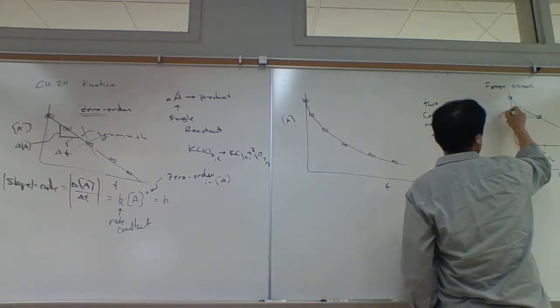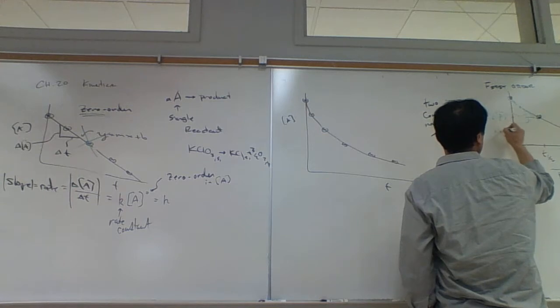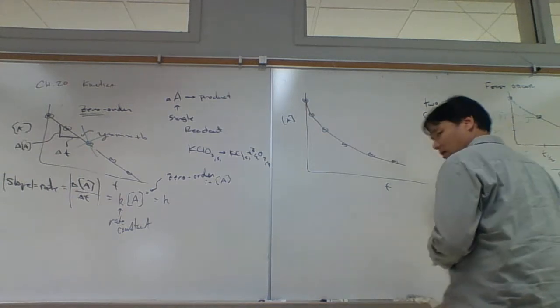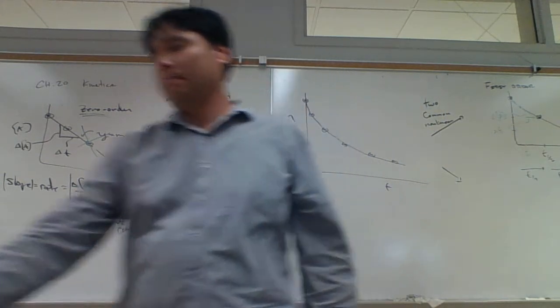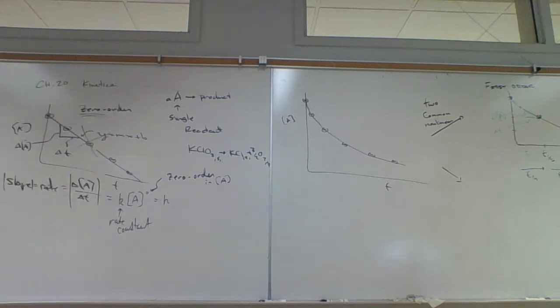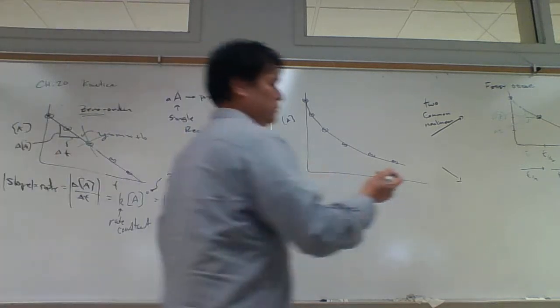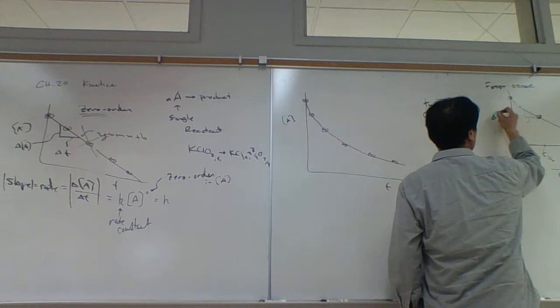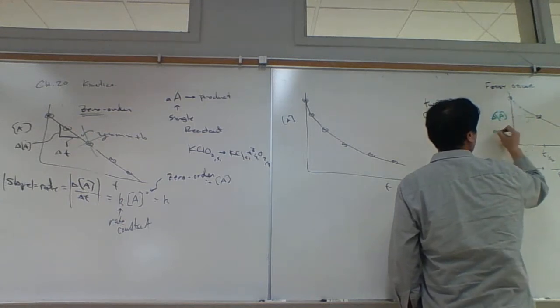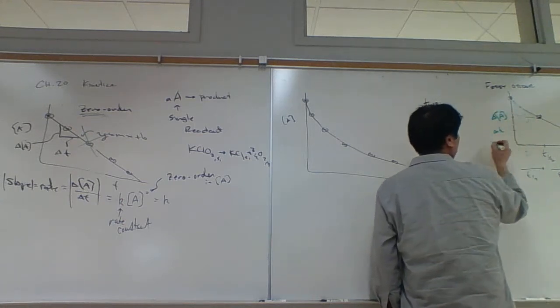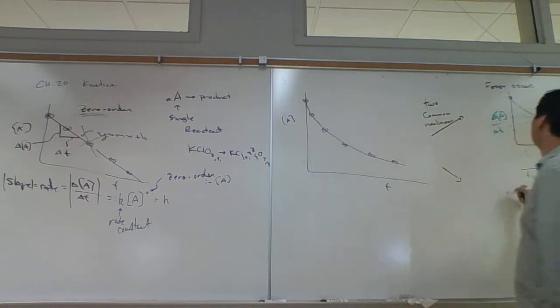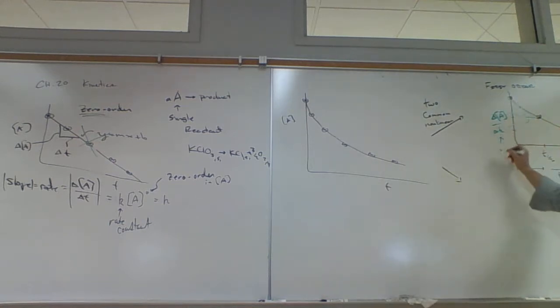And so we'll have delta A over delta T. So this is delta A over delta T. At this time, delta A over delta T is called the instantaneous rate at time T. It's the rate at that time instant.